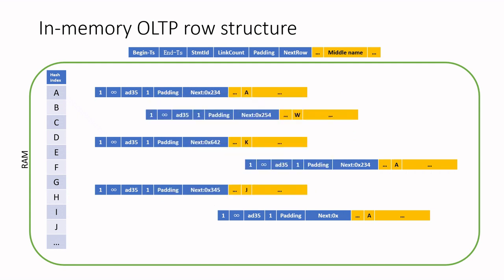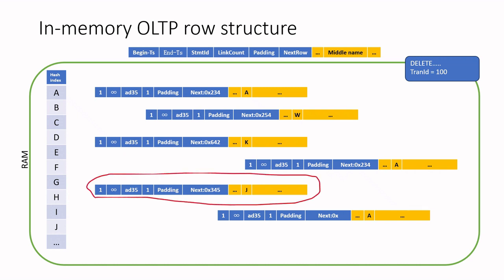Suppose a delete transaction starts with transaction ID 100. This transaction is going to delete this row. NTS has been changed to 100, as we know, right? So now we are in the validation phase.